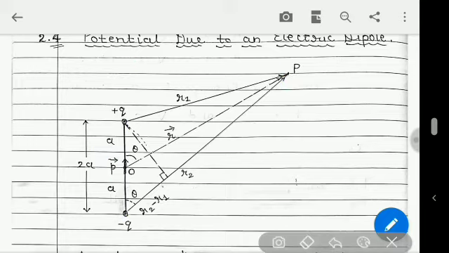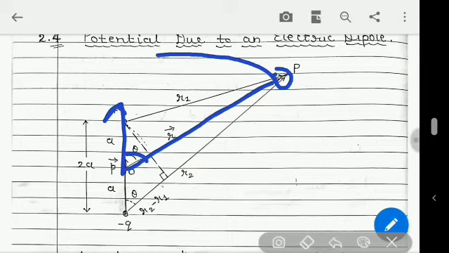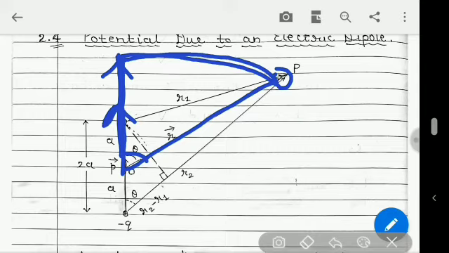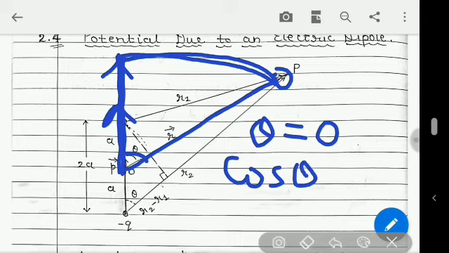Earlier the point was here, and so this vector r was making an angle theta with the direction of dipole moment. But if we move this point P to the axis, then this angle will become 0 on the same line. You can see this is r and this is p, they are in the same line, so angle theta will be 0. And if theta is 0, then cos theta is equal to 1.